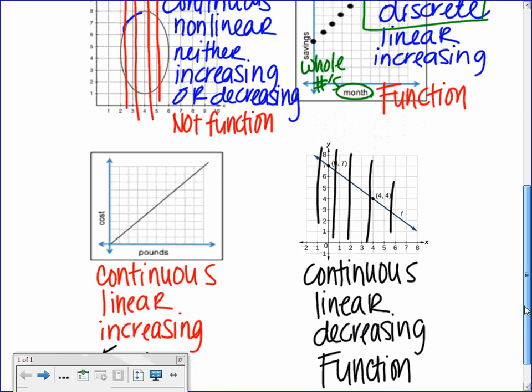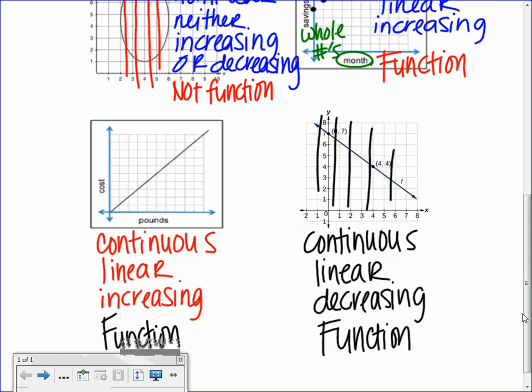Versus something like this, where sometimes when you go to the grocery store, you might have a pound of apples. You might have in between a pound and 2 pounds. So this needs to be connected because I could have fractional parts.